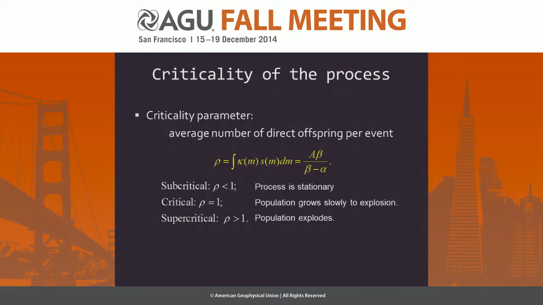The critical parameter, given by the average number of direct offspring triggered by an arbitrary earthquake, determines the whole process, whether it is stationary or it grows into a population explosion after a certain time.